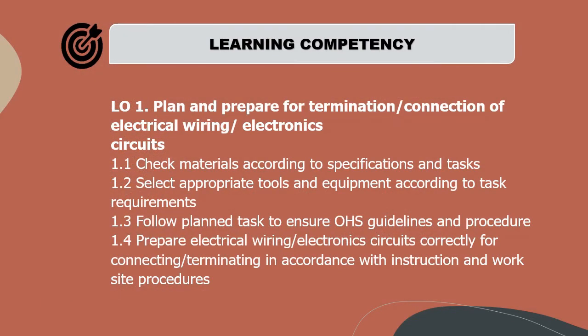Your learning competencies are: check materials according to specifications and tasks, select appropriate tools and equipment according to task requirements, follow planned tasks to ensure OHS guidelines and procedure, prepare electrical wiring or electronic circuits correctly for connecting or terminating in accordance with instruction and worksite procedures.